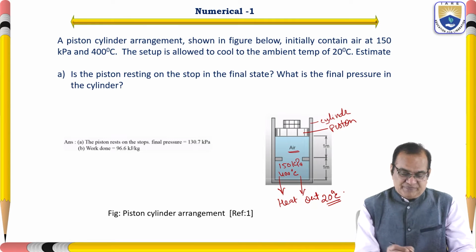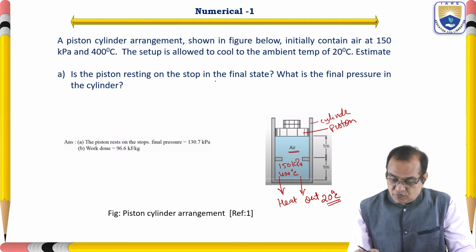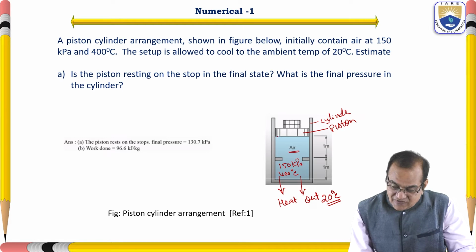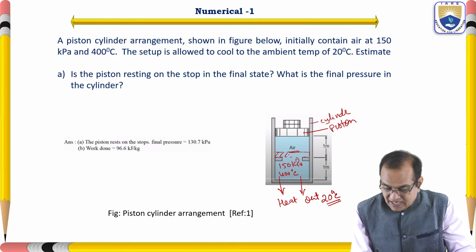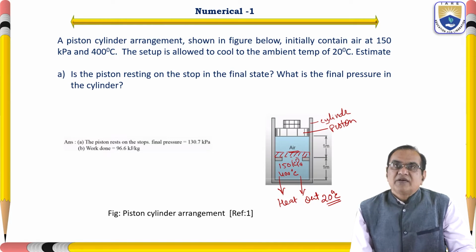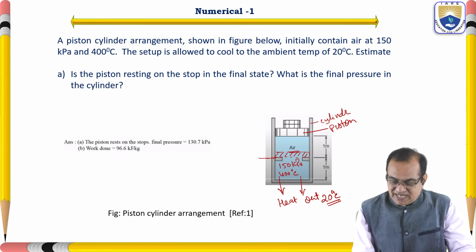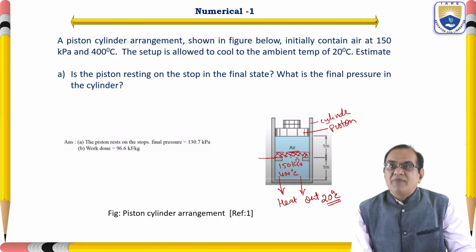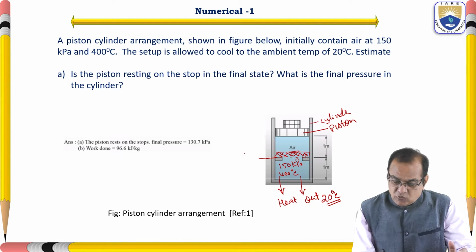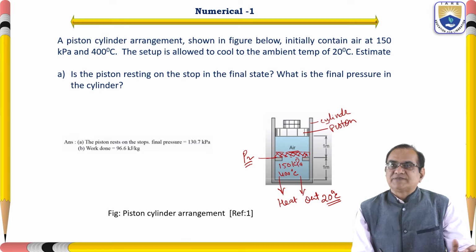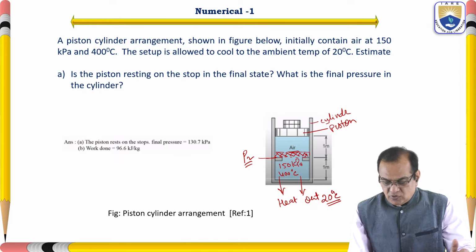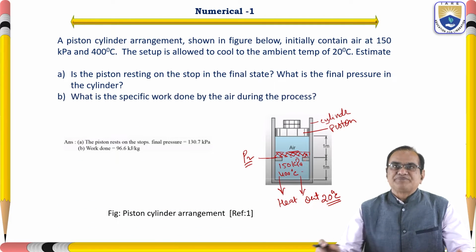Then we have to estimate whether the piston is resting on the stop, that is, whether the piston reaches here or not in the final state. And if it is resting, what is the pressure P2 inside the cylinder in this condition?